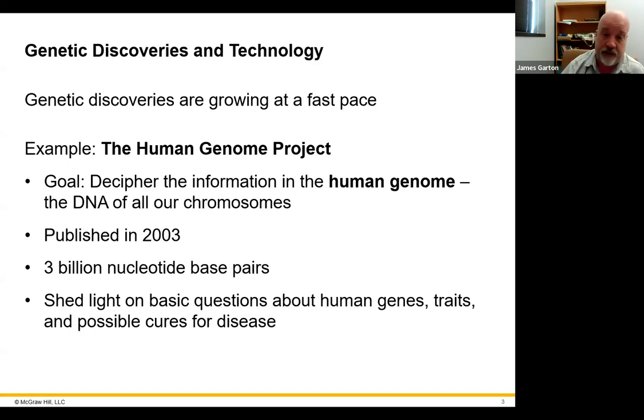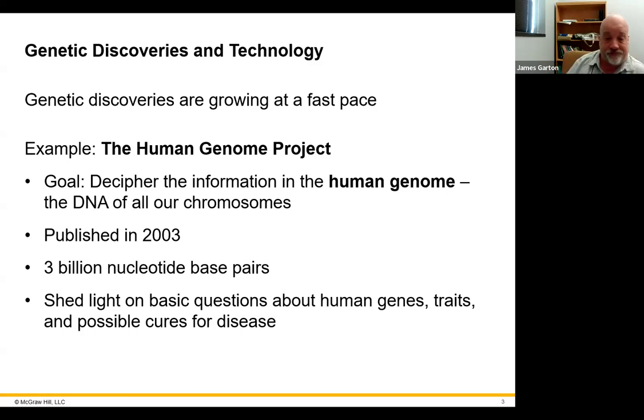And they give you another example, the Human Genome Project. The Human Genome Project was started sometime in the 1990s. And the goal was to sequence all 3 billion and change nucleotide bases in the human genome. In the early 90s, when this project was started, it was expected to take about 30 years.